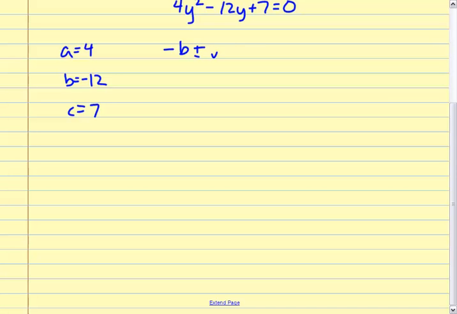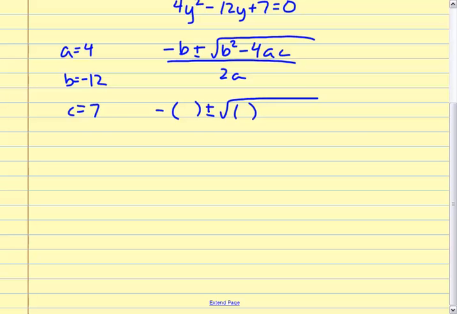Negative b plus or minus the square root of b squared minus 4ac all over 2a. Now I'm going to rewrite it with parentheses so I can plug stuff in. Okay? b is negative 12. a is 4. c is 7.